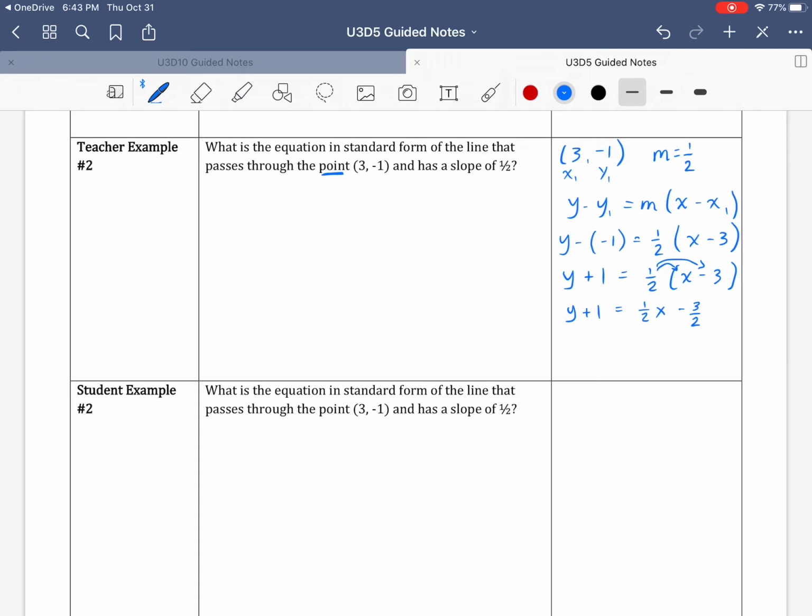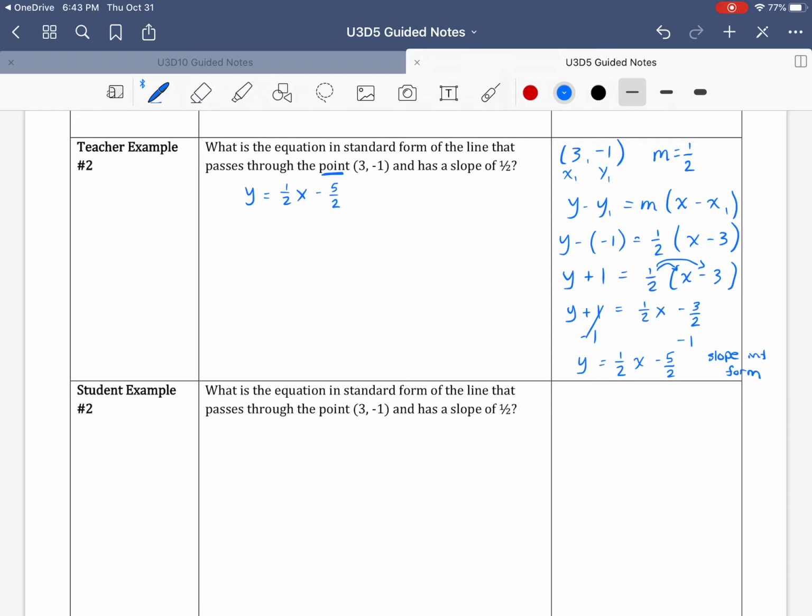Now the next thing that I'm going to do is subtract my 1 from both sides, and I get y equals 1/2 x, and now I can do this using a calculator, or you can use your head, but I'll get -5 over 2. And at this point, what you recognize is this is our slope-intercept form. So once you get it to this point, we already know how to do this because we've done it before. y equals 1/2 x minus 5 over 2.